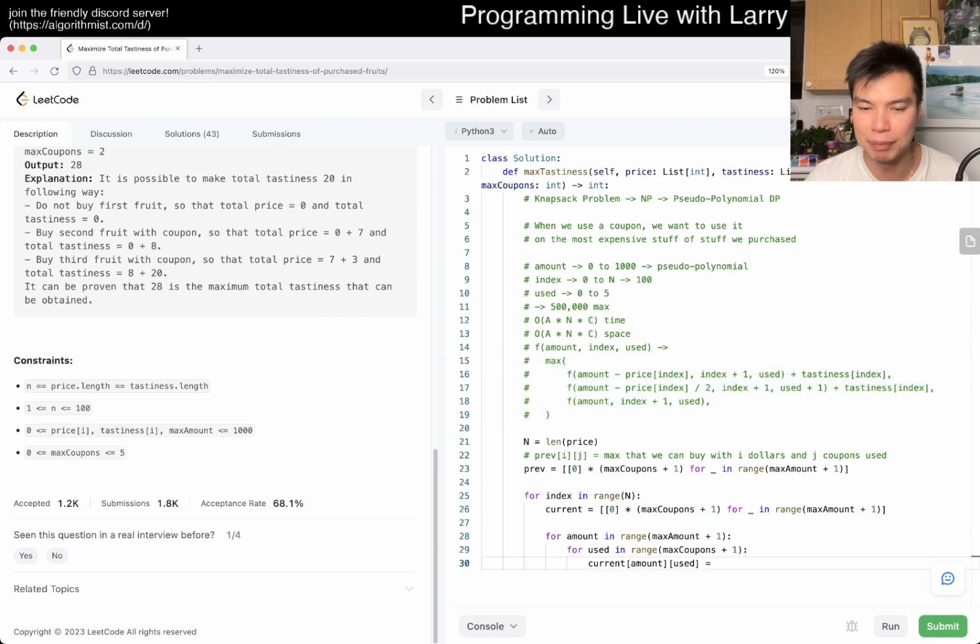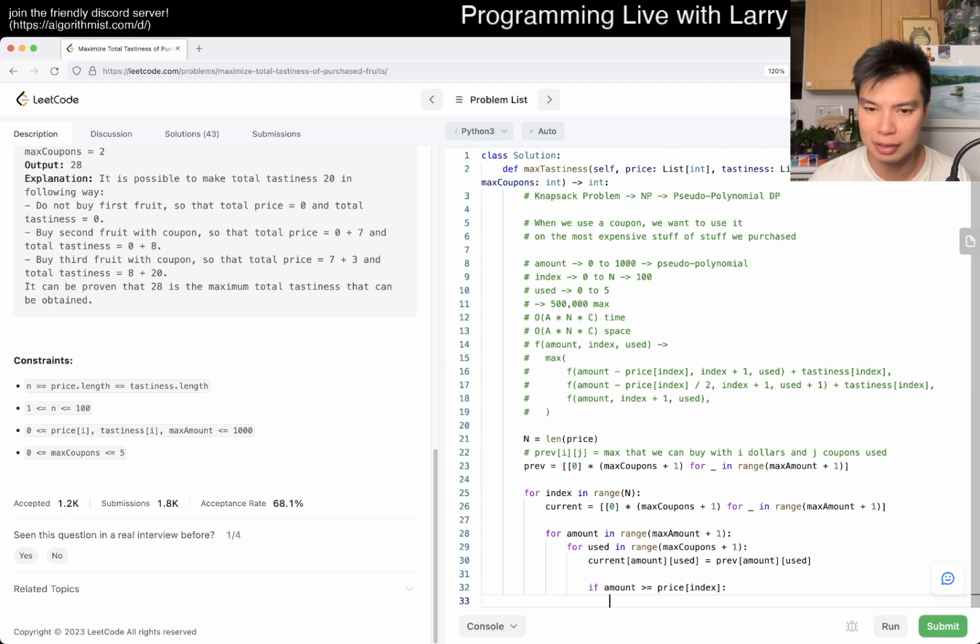like I said, now we have to actually implement it. Either previous amount used, because that's basically this thing except for index -1, but whatever. Right, so we set it that way, and then let's see if amount is greater than or equal to price of index, right?